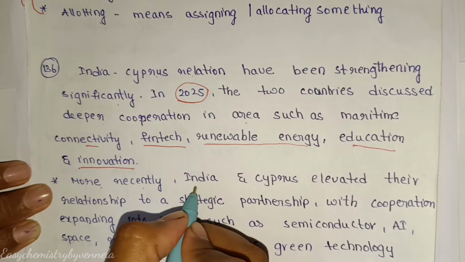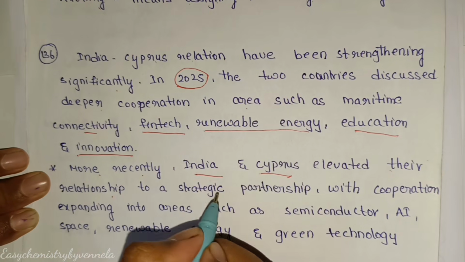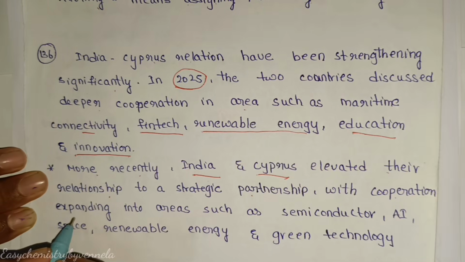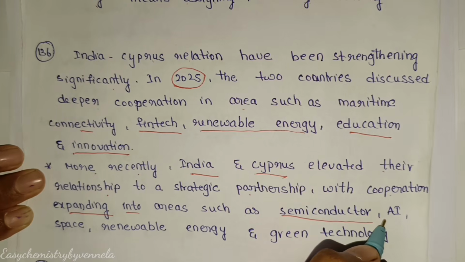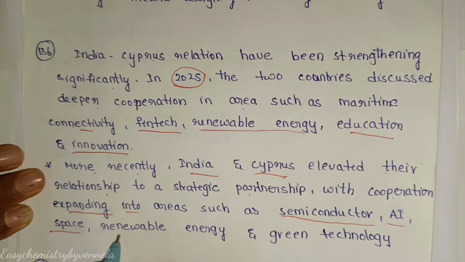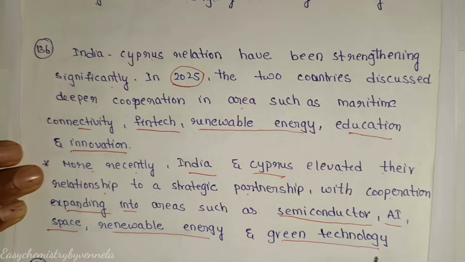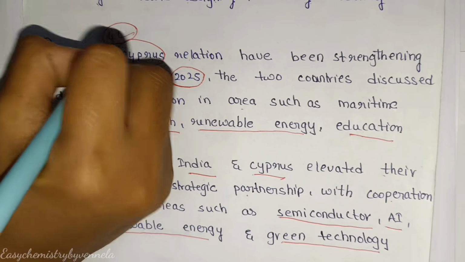More recently, India and Cyprus elevated their relationship to a strategic partnership, with cooperation expanding into areas such as semiconductors, AI, space, renewable energy, and green technology. So the correct option is Cyprus. The fourth one is the correct one.